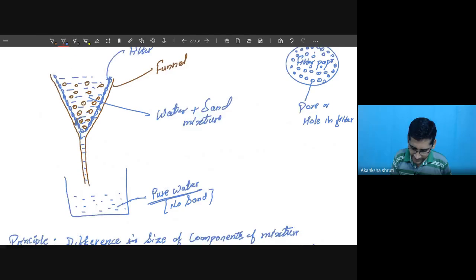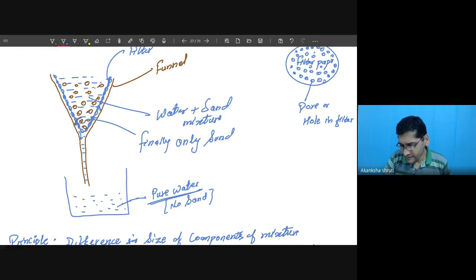Okay, finally, right here, only sand and a few amount of water will remain in the funnel, in the filter paper.